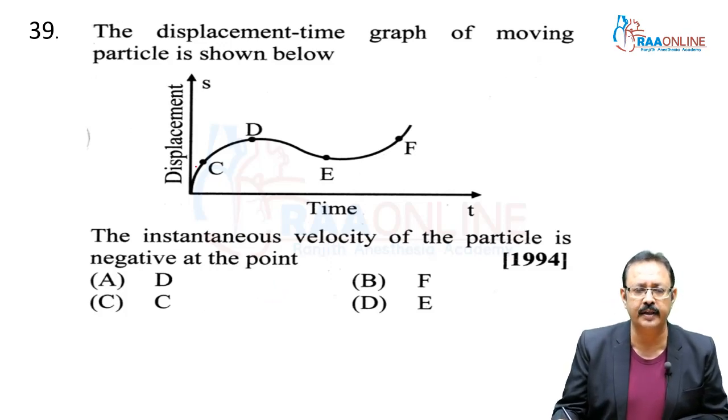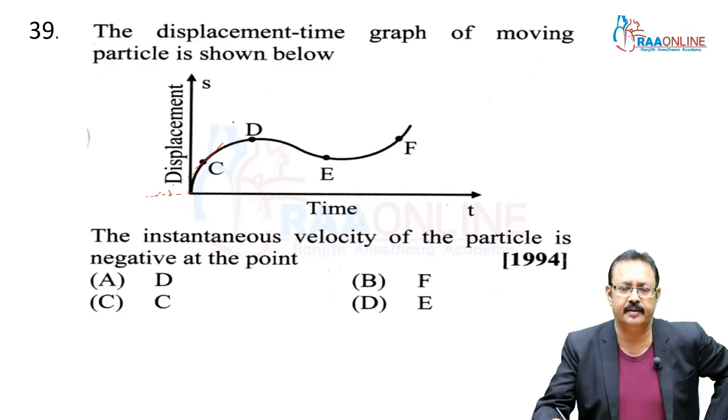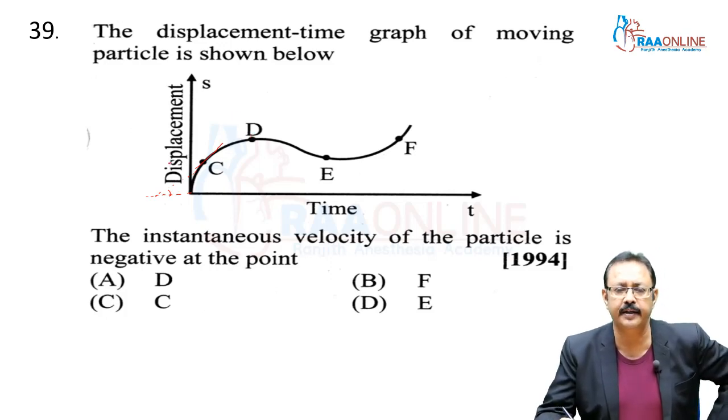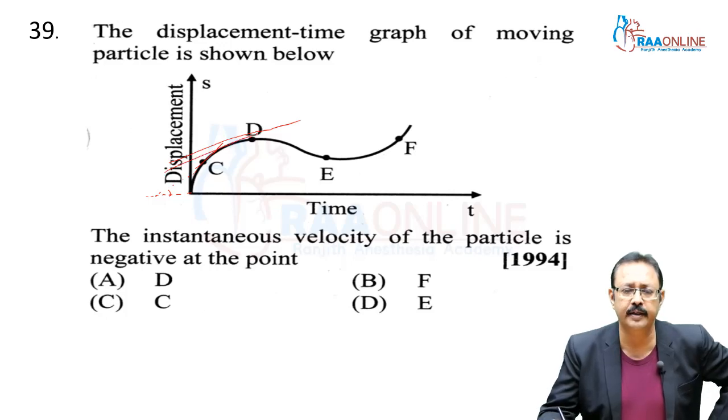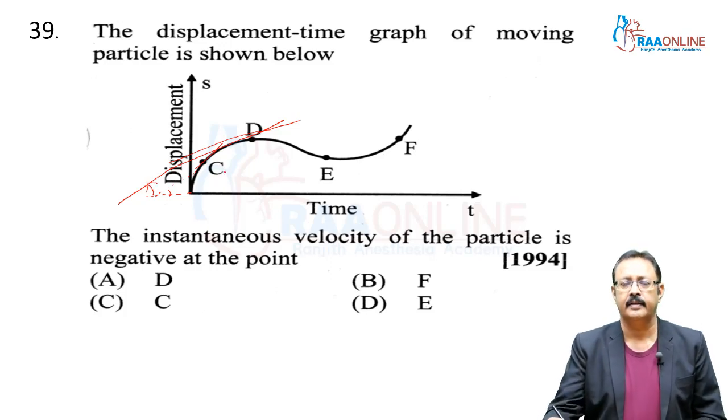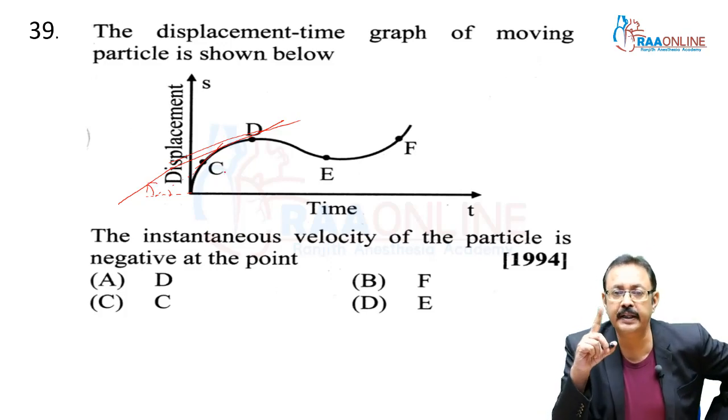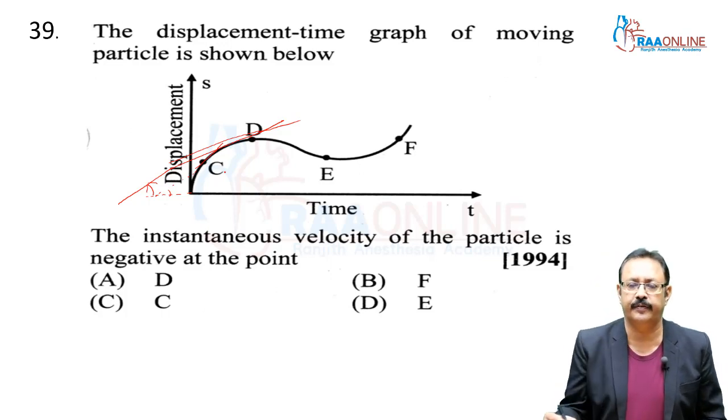If you draw a tangent at C, it will make an acute angle with the time axis. Same picture is at D. If you are drawing a tangent at D, it will again make an acute angle with the positive direction of the time axis. And tan theta, if theta is acute, should be positive.